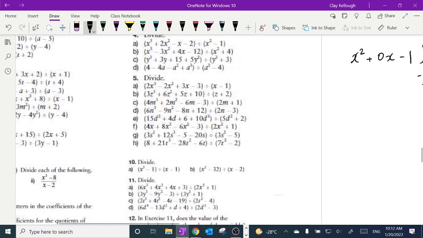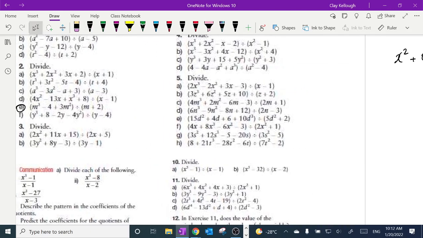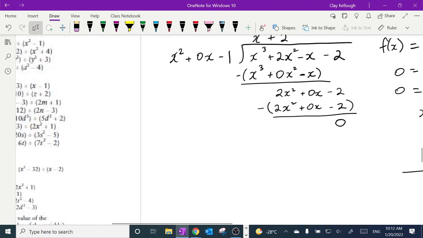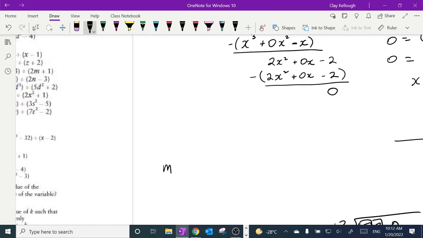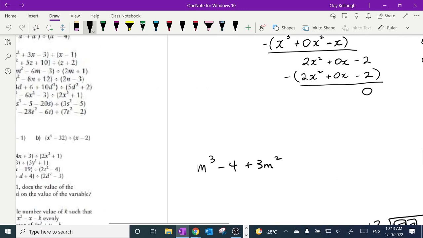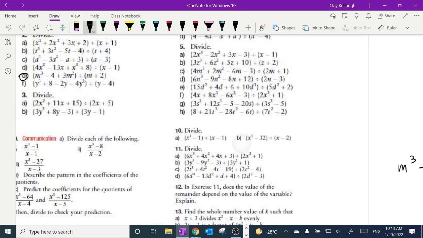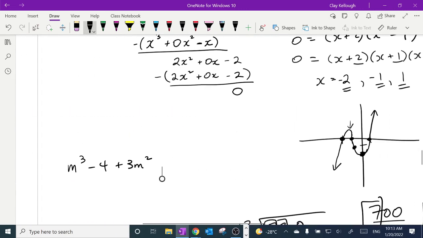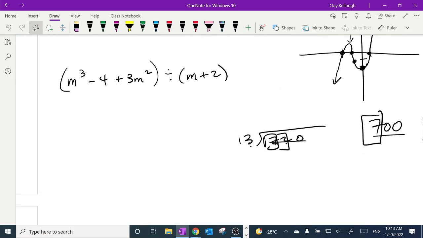So we have m cubed minus 4 plus 3m squared, and divided by m plus 2. Okay, let me get rid of this.